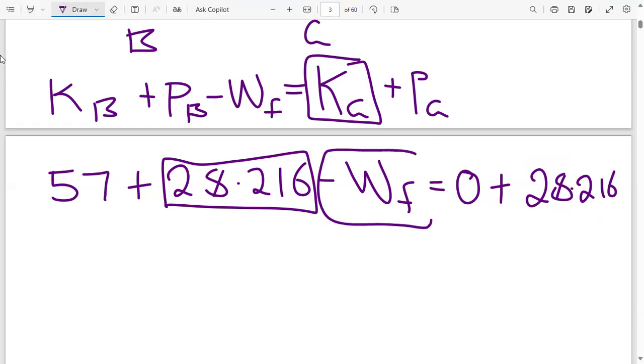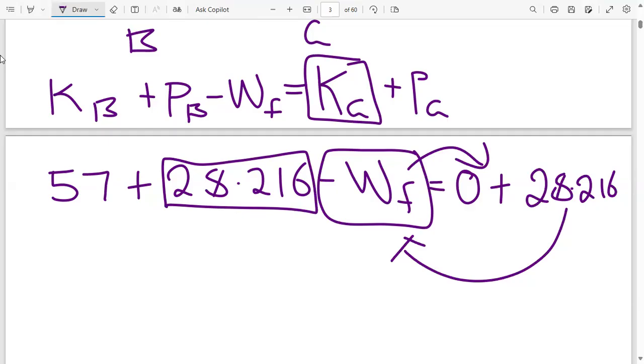Okay, so my goal is to find the work done by friction. Hence, I'm going to take the negative term to the right-hand side of the equation, and the positive term as well. Or if not, I can add these two terms the way they are on the left-hand side and then take the sum to the right-hand side. So let me add these two here in advance.